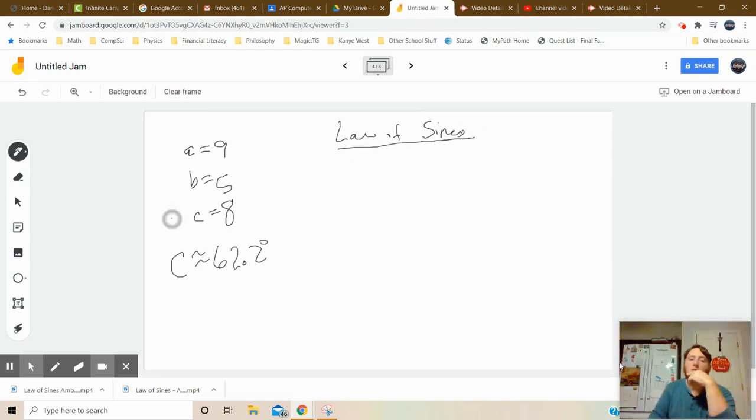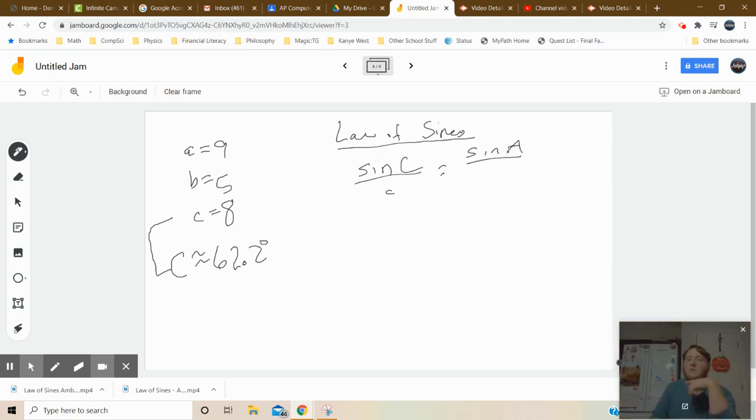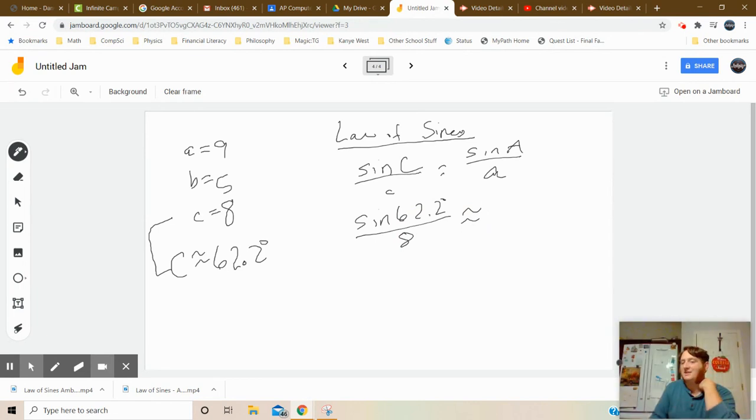because we know angle C and side length C to find either A or B. So let's say that we're going to use sine of C is to side length C as sine of A is to side length A. So sine of 62.2 degrees in ratio to 8 is going to be approximately equal to, because again, these are some rounded numbers, so we don't know that it's not exactly equal, but it's close enough because it's a rounding.